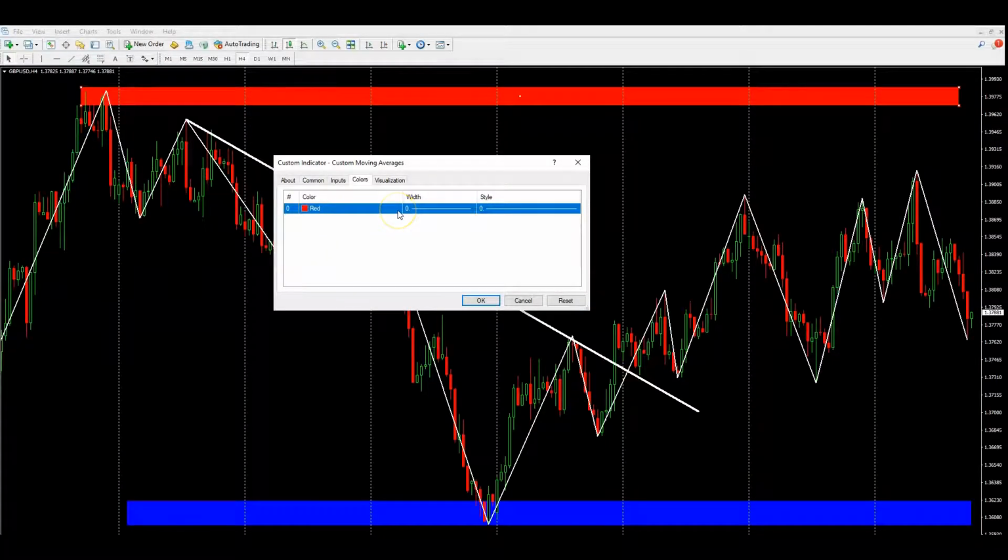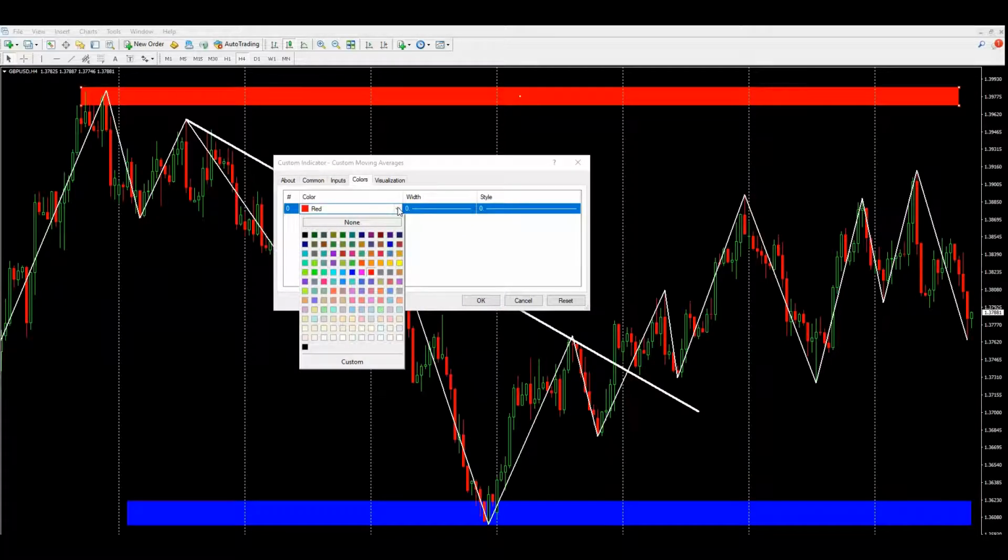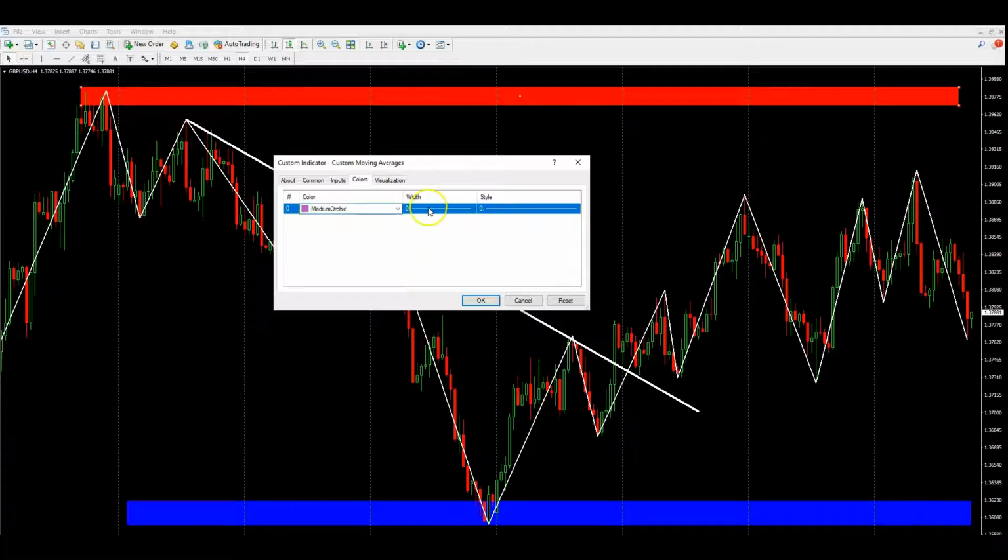I'm going to right click this, double click this twice, and I'm going to get my light purple for my 50, and I want to make this width maybe number 3.